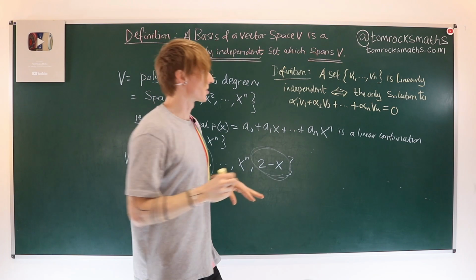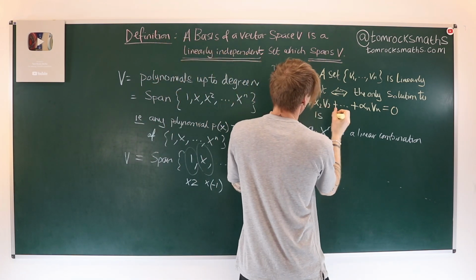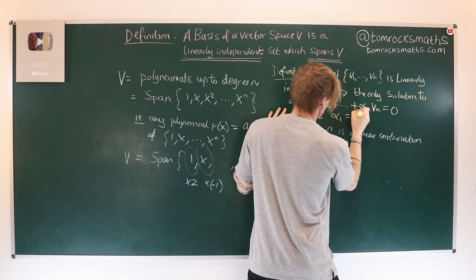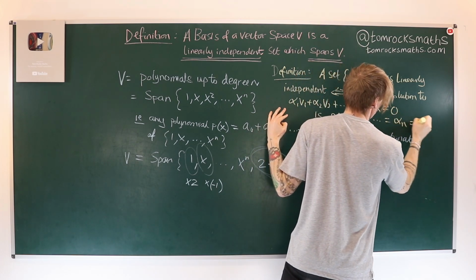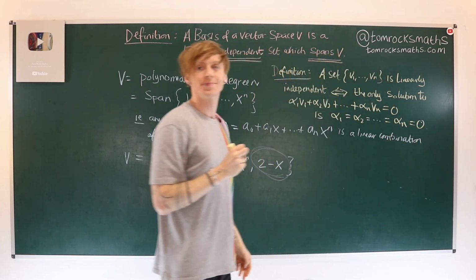So if the only solution is for all of them, alpha 1 equals alpha 2 equals ..., they all have the same value, which is 0.